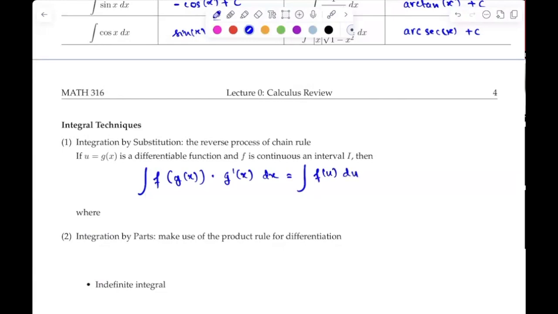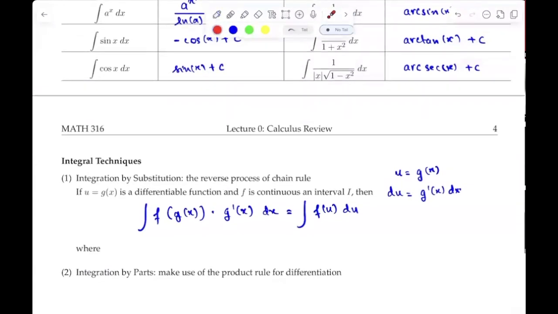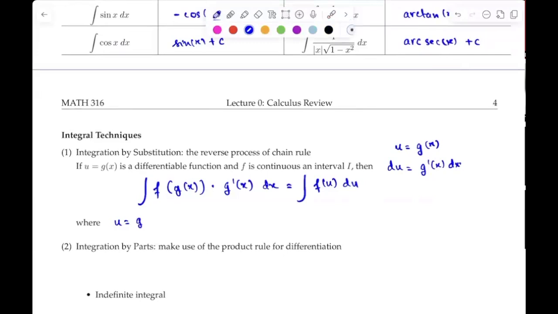When you take u equal to g of x and take the derivative on both sides, you have du equal to g prime of x dx. And therefore, you change the variable from x to u, where u is equal to g of x and du is equal to g prime of x dx. Okay, so that's integration by substitution.